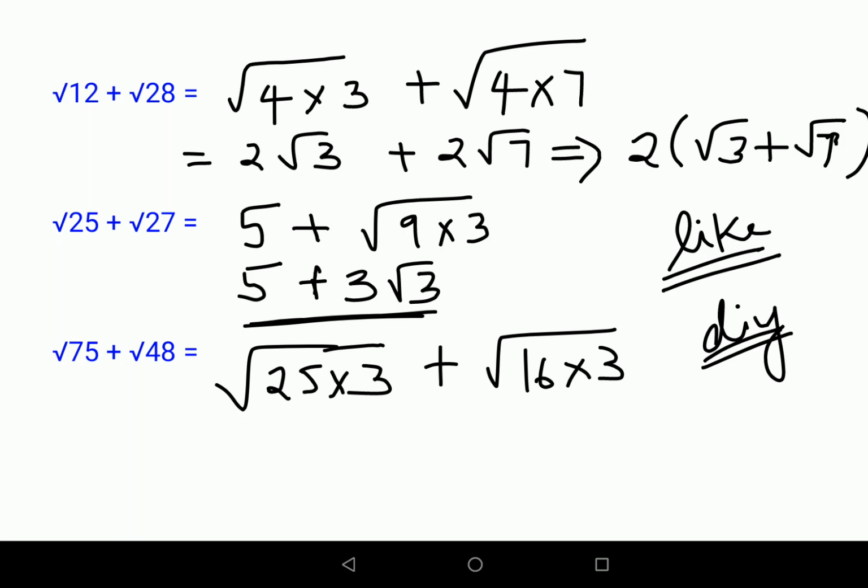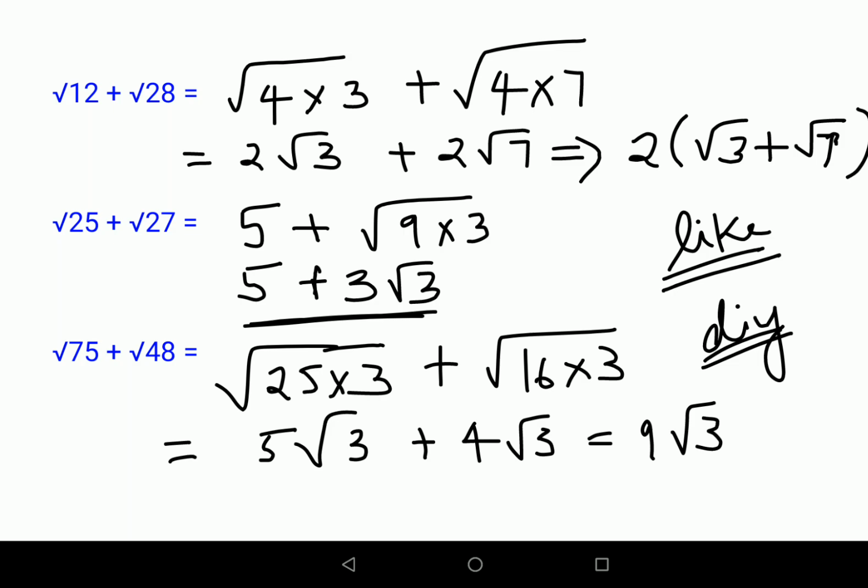But if you can't, then please do the factor method and then write down. With that method, it is a 100% guarantee that you will not make a mistake. So your root 25 is nothing but what? 5 root 3 plus root 16 into 3 can be written as what? 4 root 3, which equals 9 root 3.